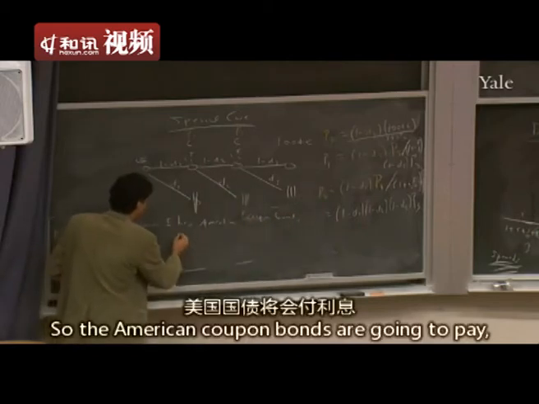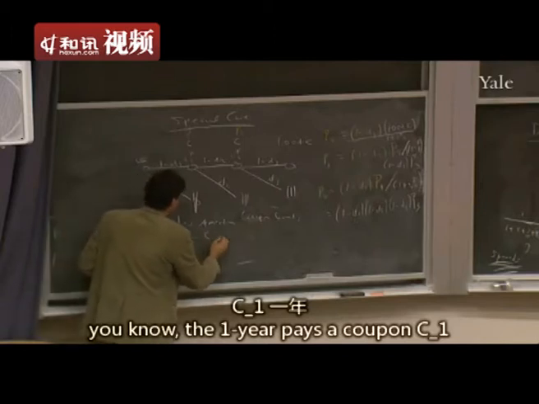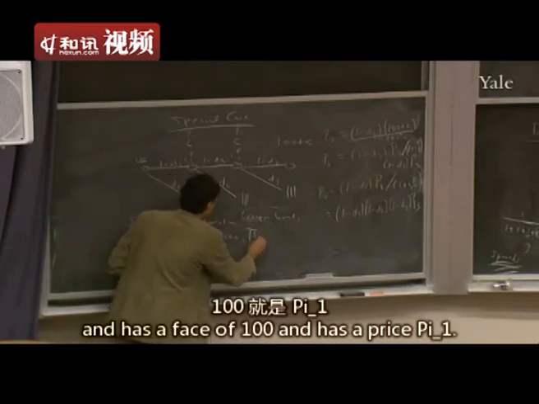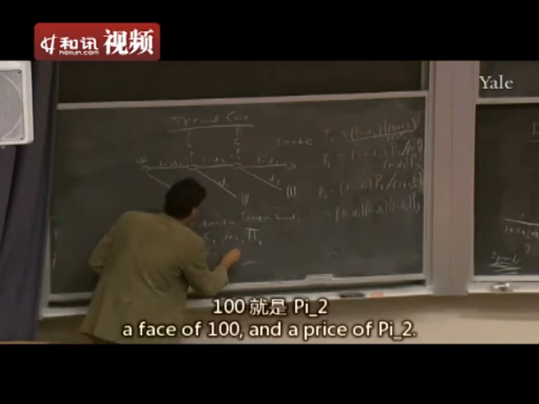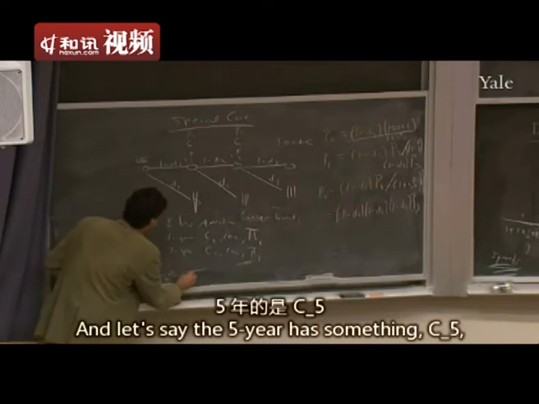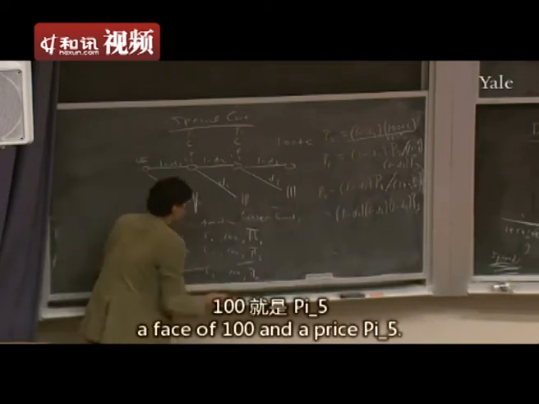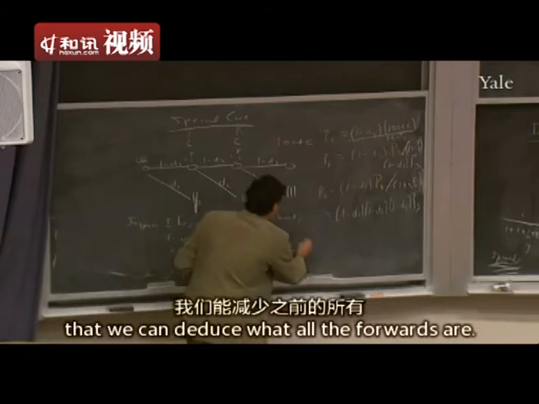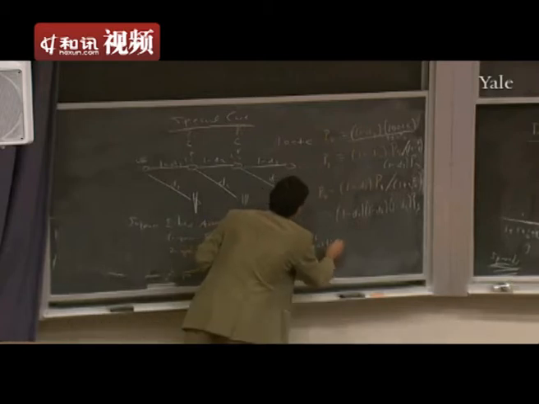The 1 year pays a coupon C1, has a face of 100, and has a price pi 1. The 2 year American bond has a coupon C2, a face of 100, and a price of pi 2. And the 5 year has coupon C5, face of 100, and price pi 5. From that, we can deduce what all the forwards are. We did that in the first class.